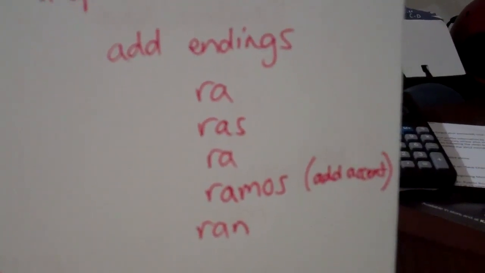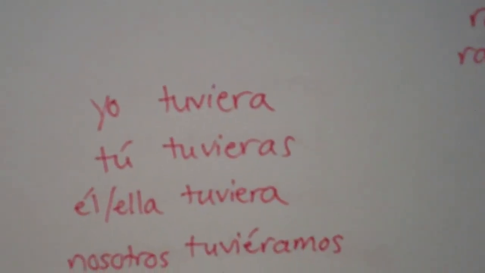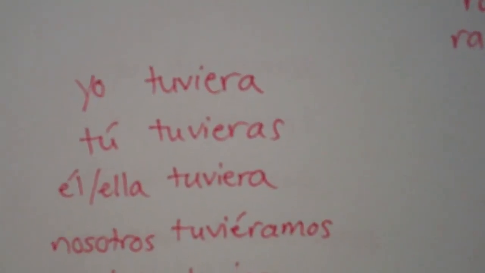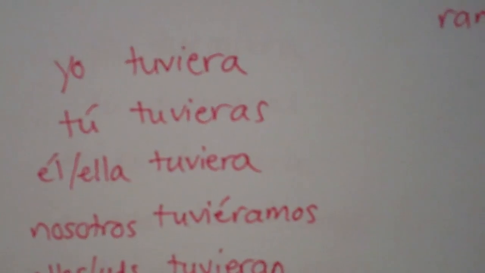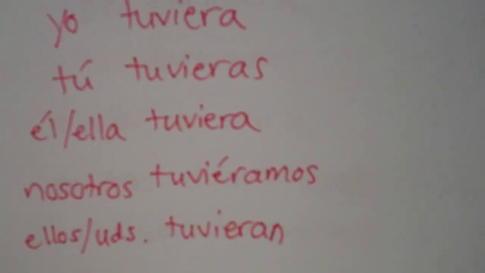Ra, ras, ra, ramos, ran. And we have yo tuviera, tú tuvieras, él o ella tuviera, nosotros tuviéramos, ellos o ustedes tuvieran.